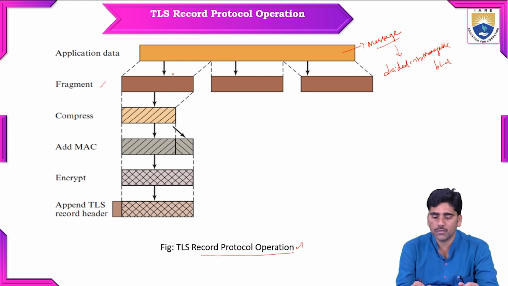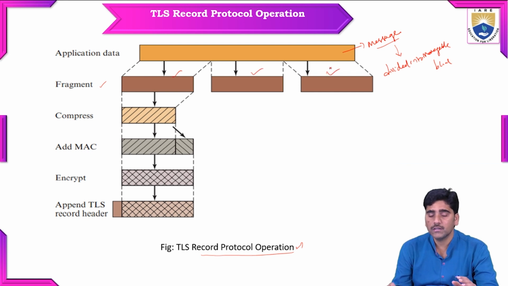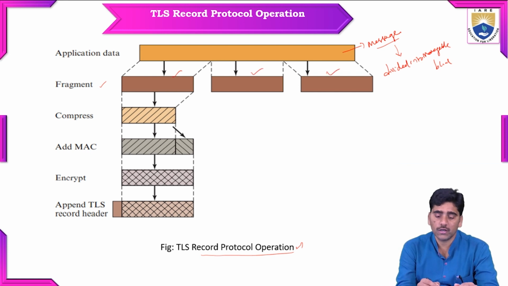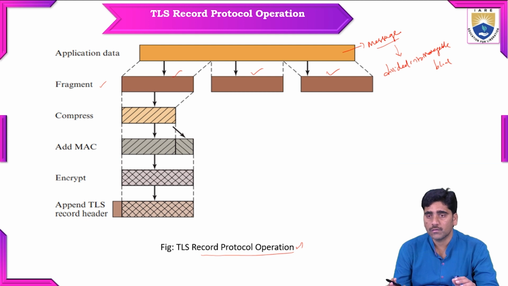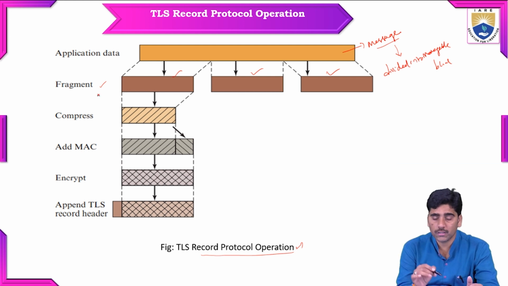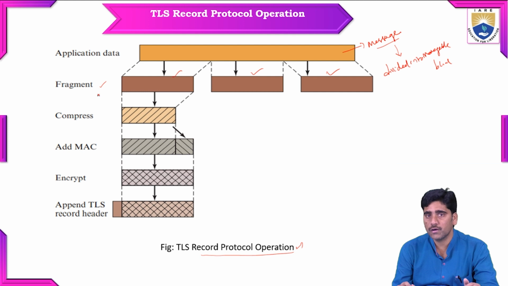Each individual block, this is one block, this is one block, is called a fragment. The process of dividing the message into manageable blocks is called fragmentation, and each individual block is called a fragment.